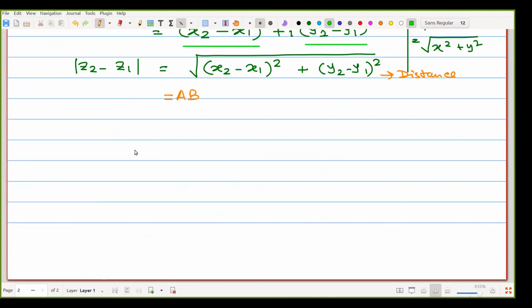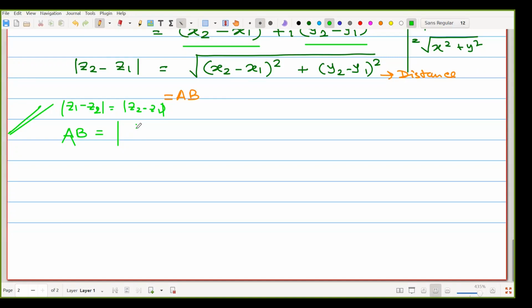So the main problem, we are finding AB. Now AB means modulus of z1 minus z2 or z2 minus z1, both are the same.